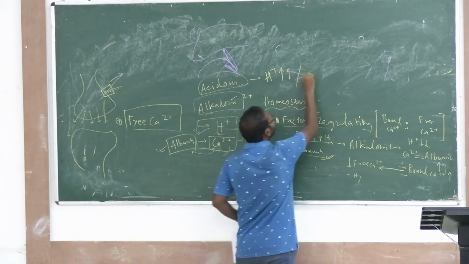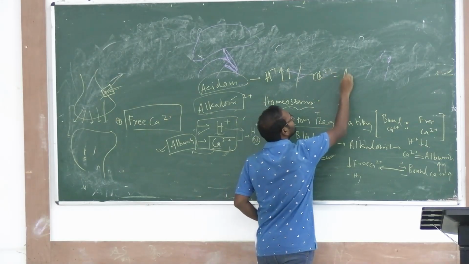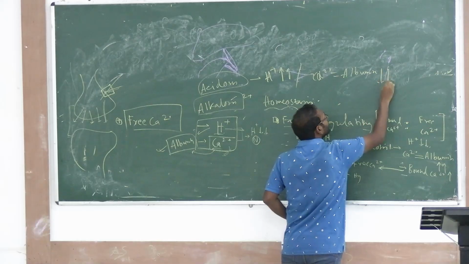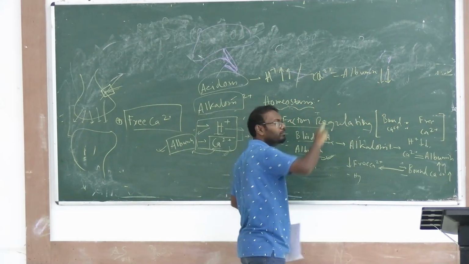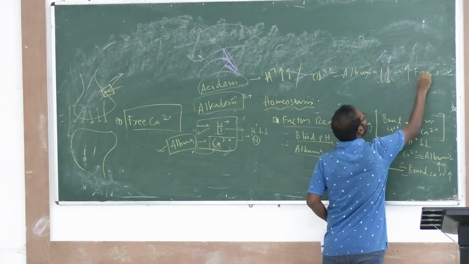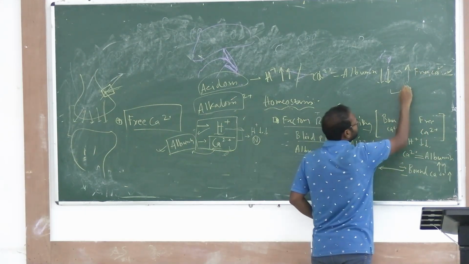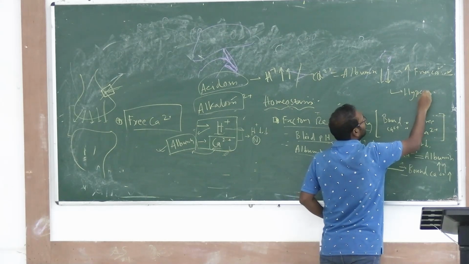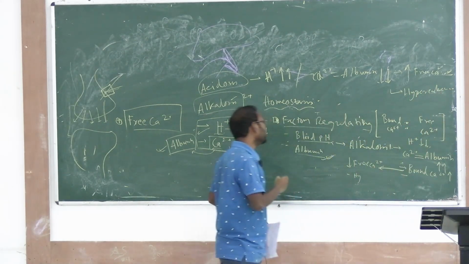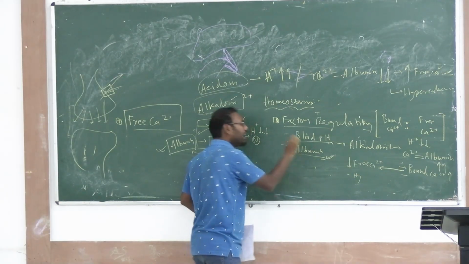H plus higher means the calcium-albumin complex will now be very low. So what will happen? Free calcium will increase. That means an increase in free calcium, and that will be called hypercalcemia.